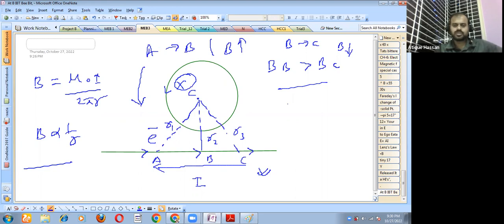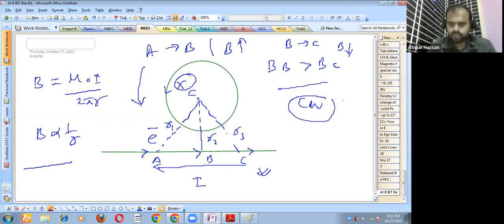So current will be induced such that it will increase the magnetic field in the inward direction, right? So obviously for that, current should be clockwise, because we have to increase the magnetic field in the inward direction.